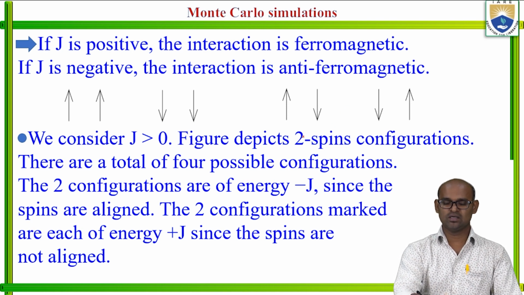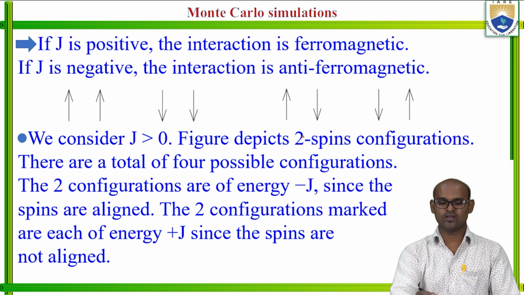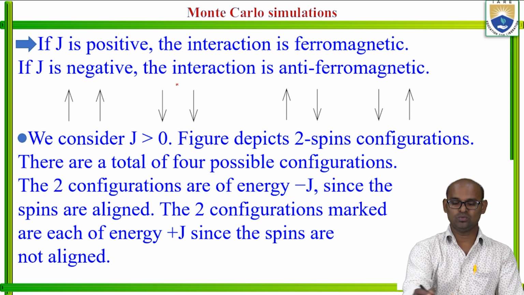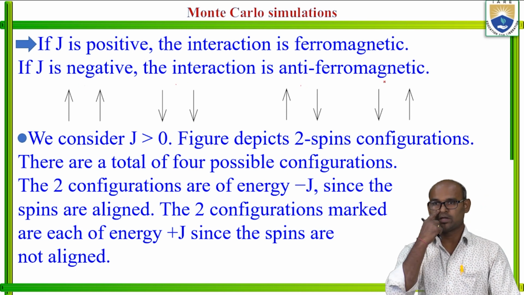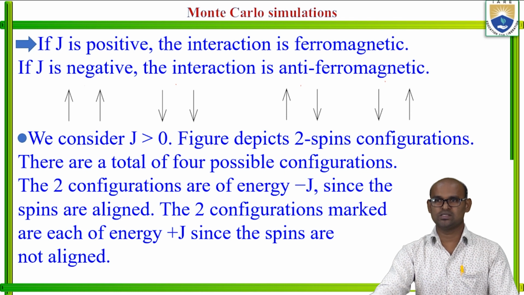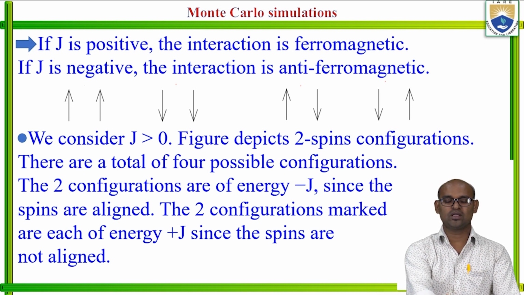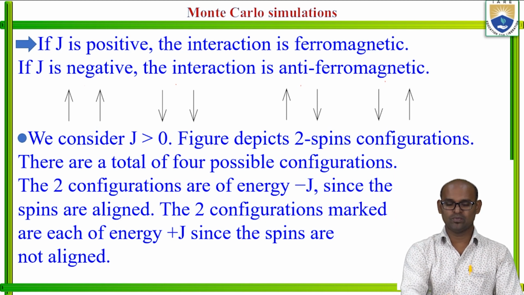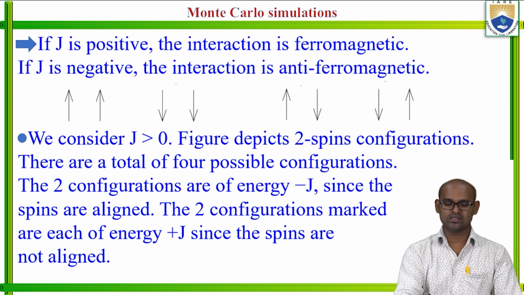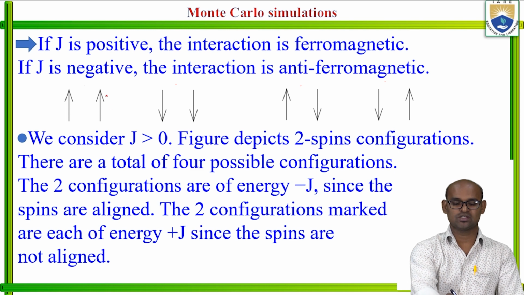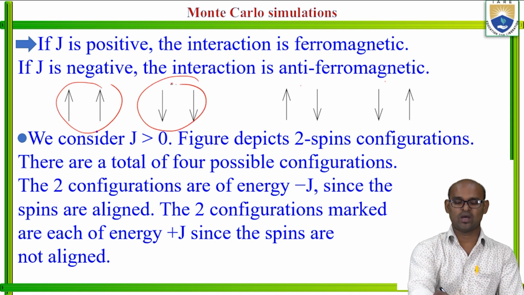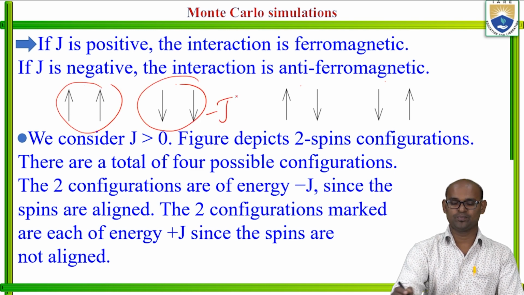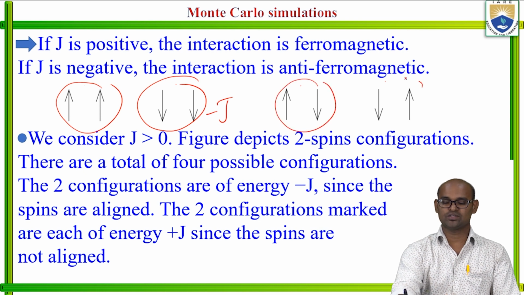In this figure, you can see the 4 possible configurations of two spins on a lattice. Two of these configurations have energy -J, and the other two have energy +J.